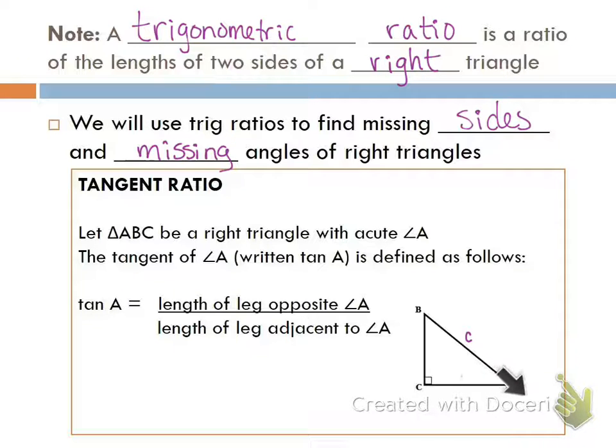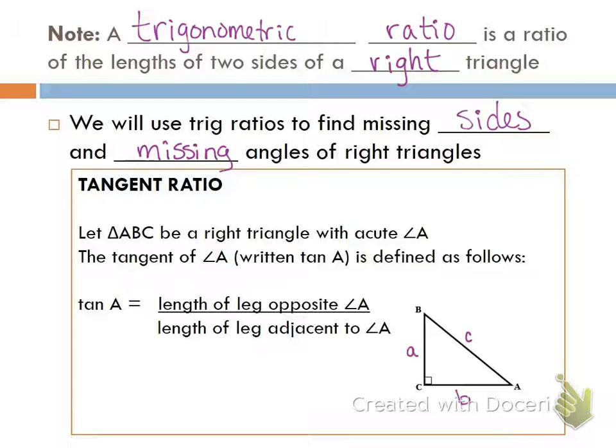The side across from angle A, we would label with a lowercase a. And the side across from angle B would get labeled with a lowercase b. It does not have to be done this way, but traditionally, sides across from angles are labeled with the same letter: angles have capitals, sides have lowercase.